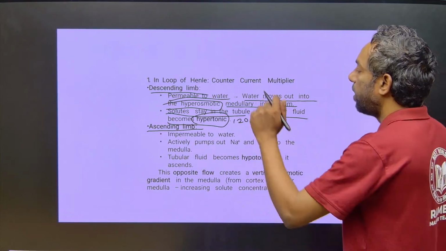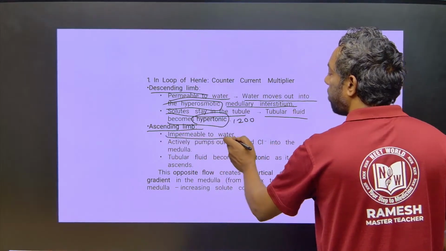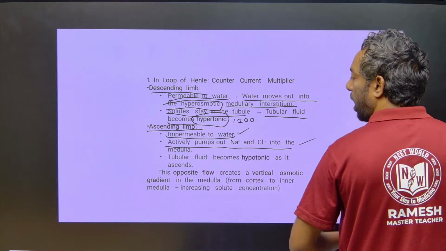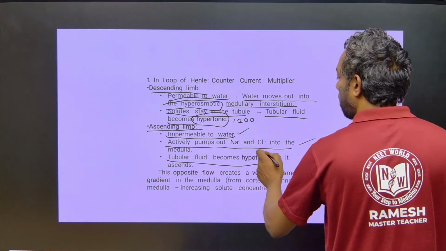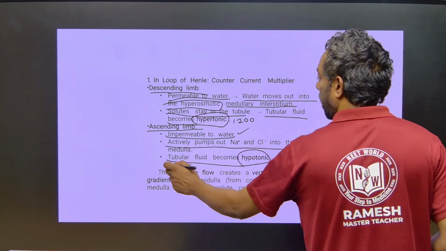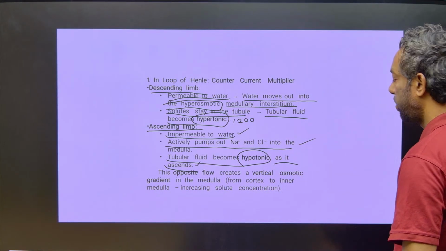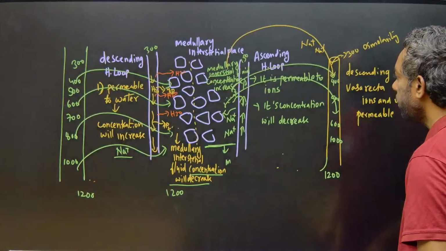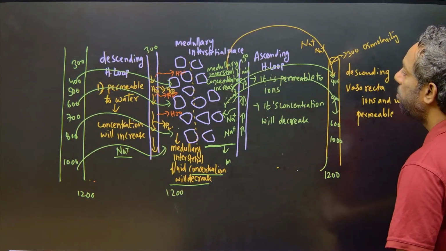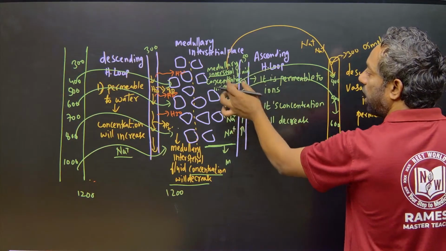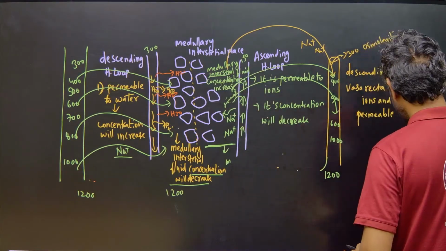The ascending Henle limb is impermeable to water and actively pumps out sodium and chlorine, so the tubular fluid becomes hypotonic in the ascending limb. Hypotonic where? In the tube, not in the medullary interstitial fluid.